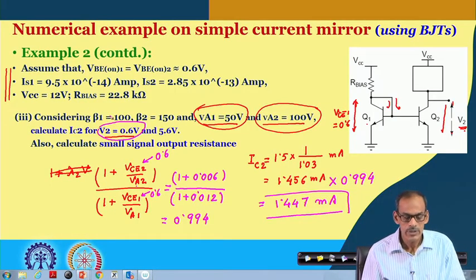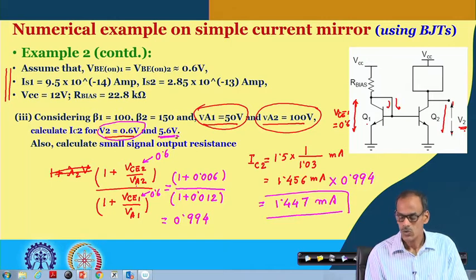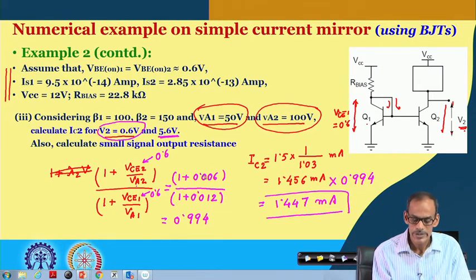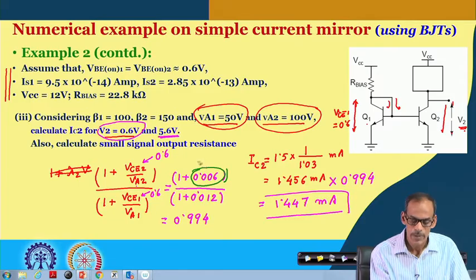Now, if I consider say V2 equal to 5.6, in that case what changes do we expect? This part will be different, namely that part will be 5.6 divided by 100, so that it becomes 0.056.